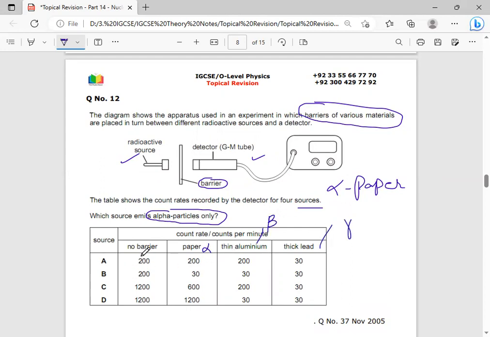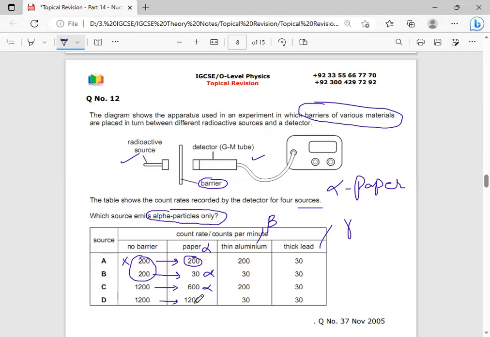Starting reading 200, 200, no barrier. After placing paper, is there any change? No. So it means alpha were not present. 1200 to 600. So it means after placing paper, the reading has changed. Yes, alpha can be present.